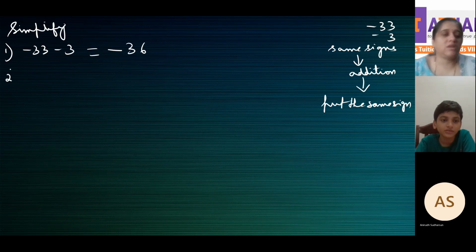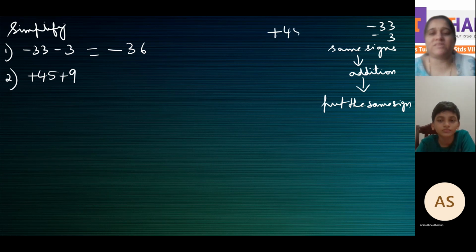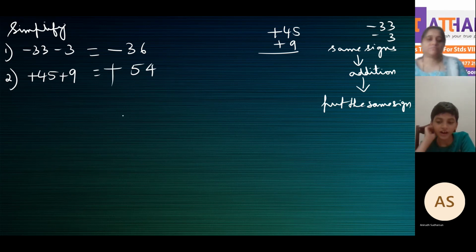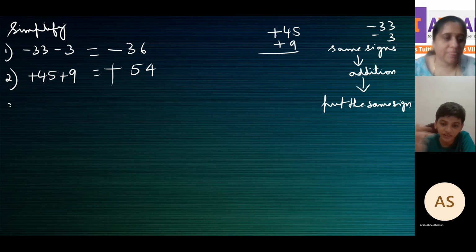Minus 36. Now supposing you have plus 45 plus 9. Same signs. So you should add and put the same sign. When you add, you get 54. Put the same sign. It's just addition, like 45 plus 9.